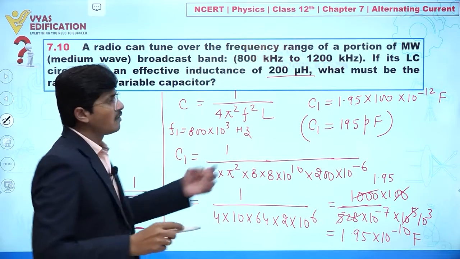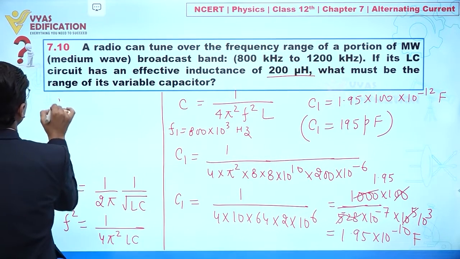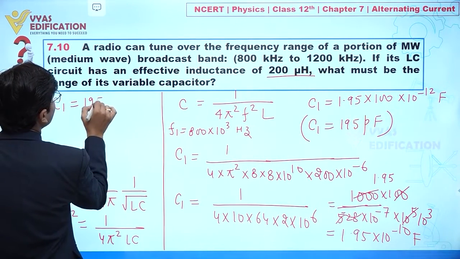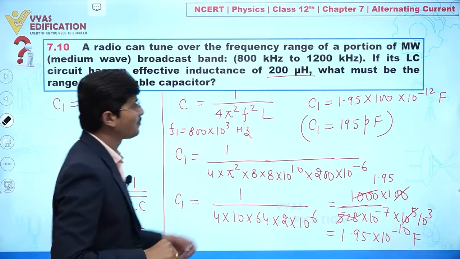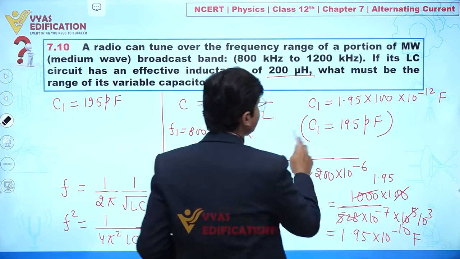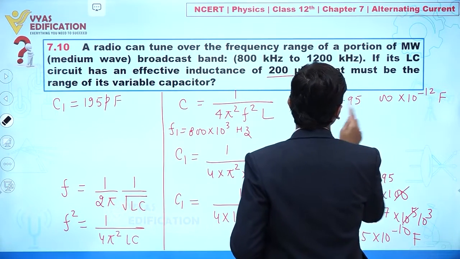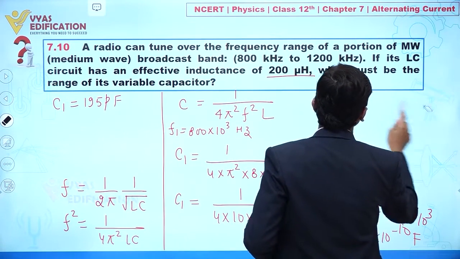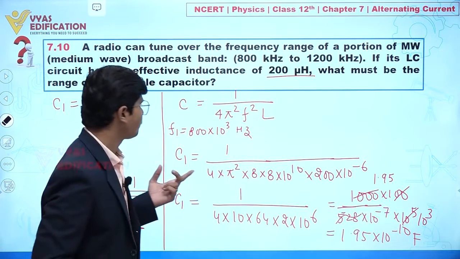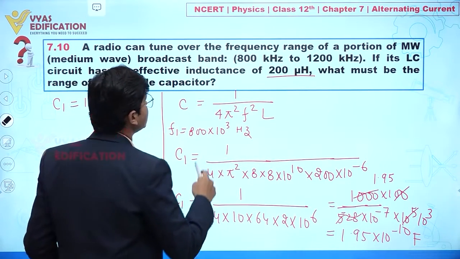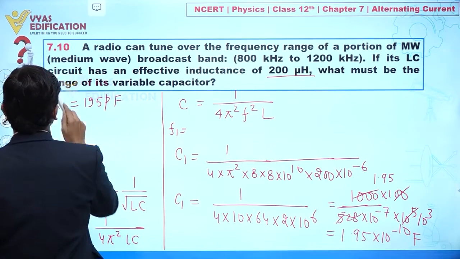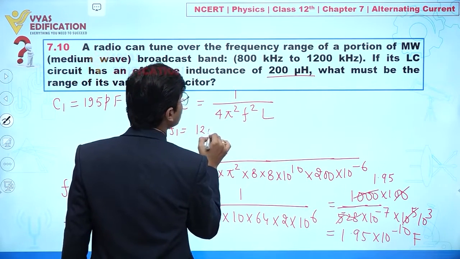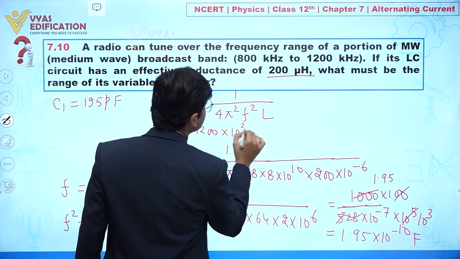Value of C1 is equal to 195 picofarad. Now listen carefully. Here we will apply the same formula, but I just change the frequency. The frequency in this question is given to you as 12 kilohertz. So this is equal to 1200 into 10 to the power 3 hertz.